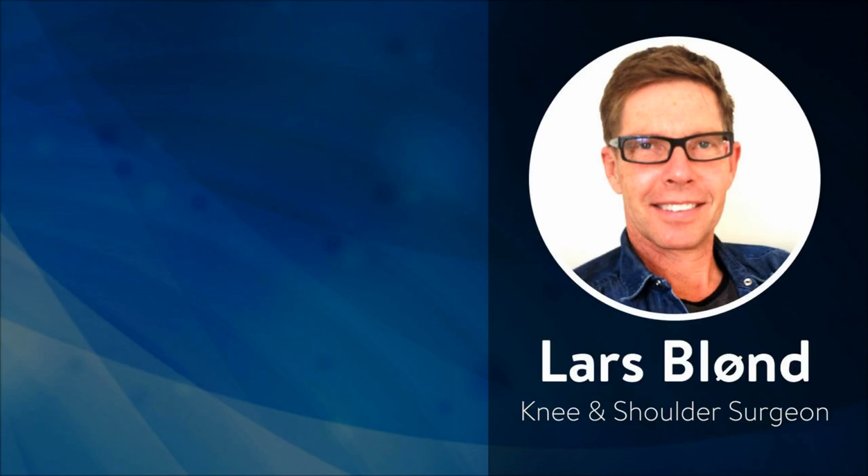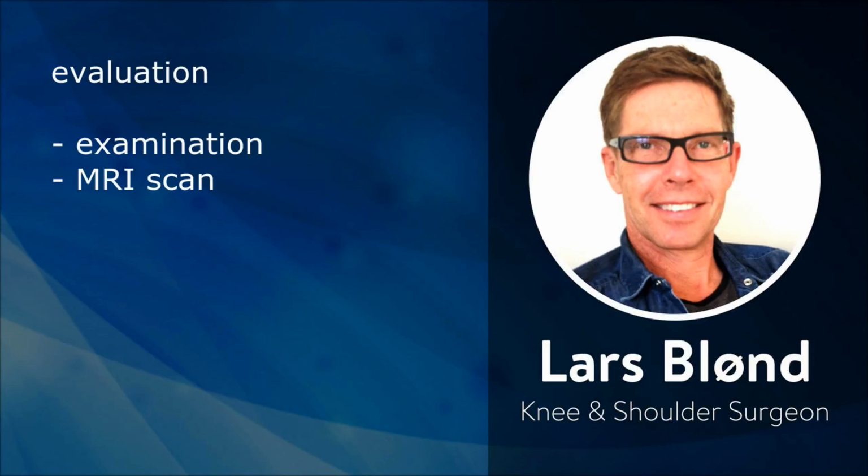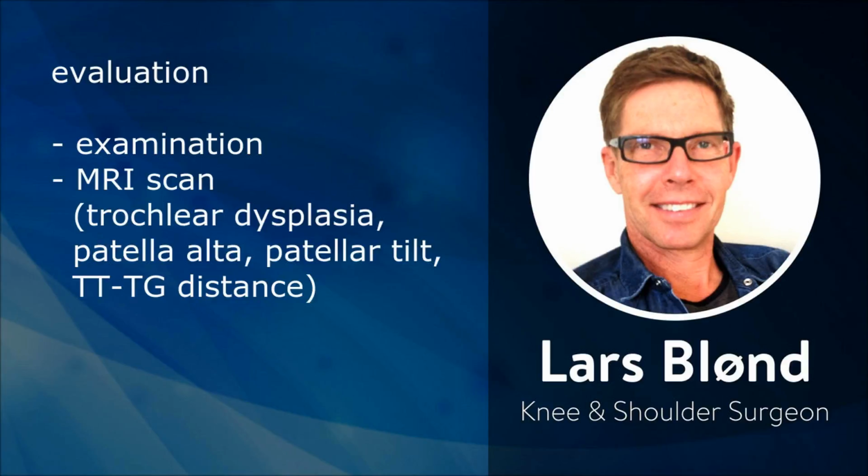So how can we evaluate the patellar tracking? First of all, the surgeon can examine the patellar tracking just by observing and manipulating the knee. Also, MRI scans are very useful, and factors such as trochlear dysplasia, patella alta, patellar tilt, and TTTG distance can be evaluated by this.